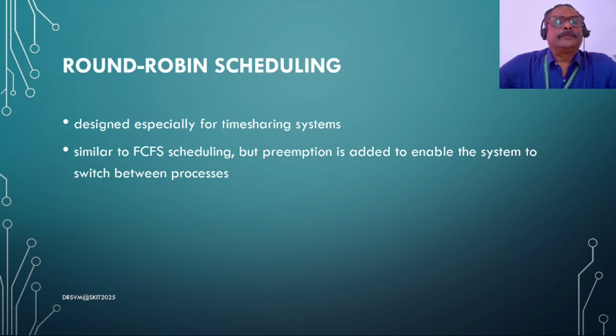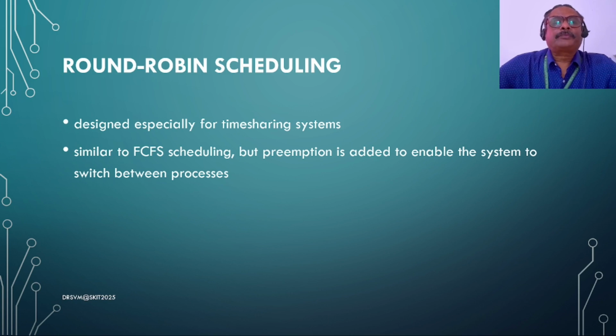So in this, preemption is added to enable the system to switch between the processes. In the original first come first serve type of scheduling, the process that has come first is allotted the CPU to run, and that process will leave the CPU only when its work is done. Till then it will not allow the CPU to work for any other process because it was non-preemptive scheduling.